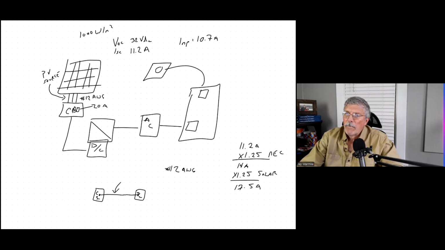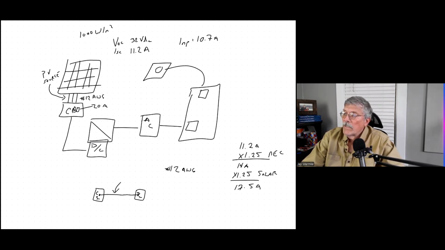So now what happens in the combiner box? Well, as its name says, the circuits are now combined. So they're combined in parallel. We have 3 circuits coming in, 3 strings coming in. We only have 1 pair of wires leaving. So they're hooked up in parallel. When we hook up in parallel, amps increase, but voltage remains the same.